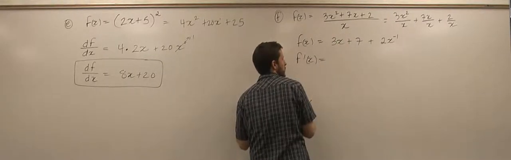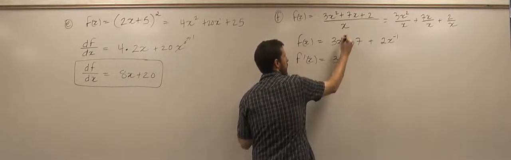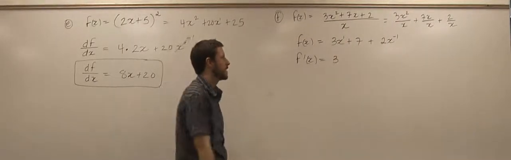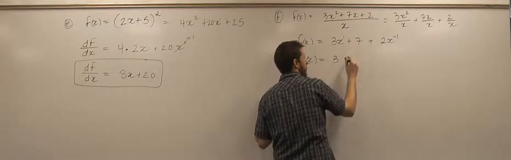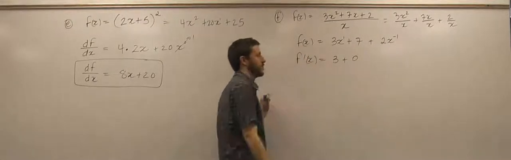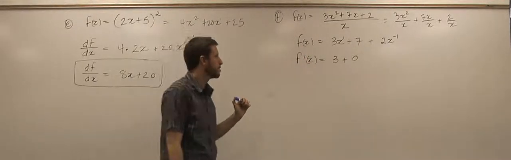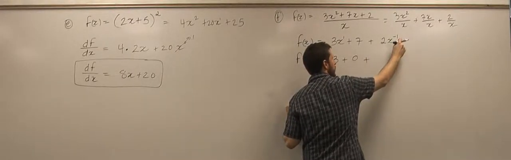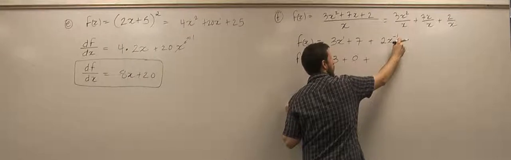Derivative of 3x, just 3. The 1 comes down and you have x to the 0, which is going to go away. Derivative of the constant 7 is 0. You don't even need to write it. Plus, then you do the derivative of 2x to the negative 1. Negative 2 over x squared.